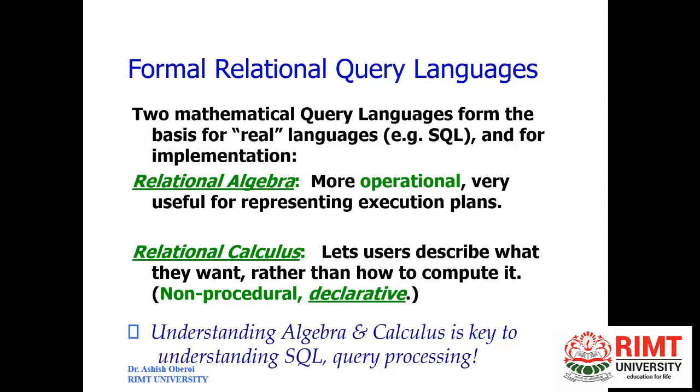Please note it down, because it is not much in your syllabus, but I will try to cover it at the end of your semester when you join different lab sessions. There are two types of relational calculus.